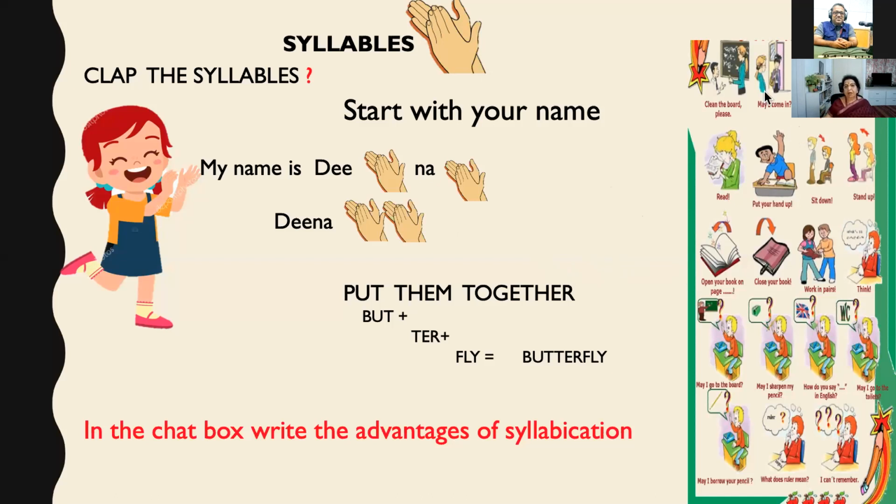Okay, regardless of the number of consonants in a word, one vowel sound gives you one syllable. For example, you see here the word start, S-T-A-R-T. It has a single vowel sound.